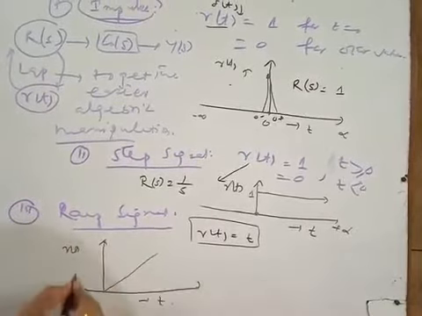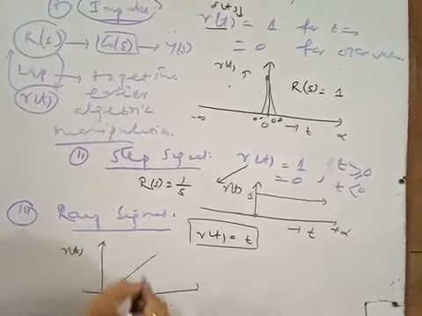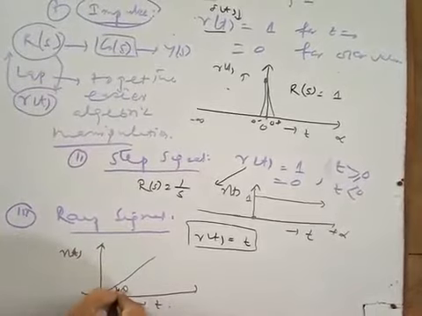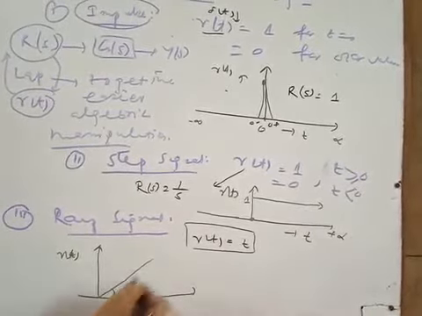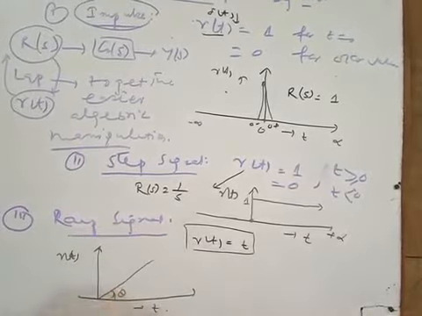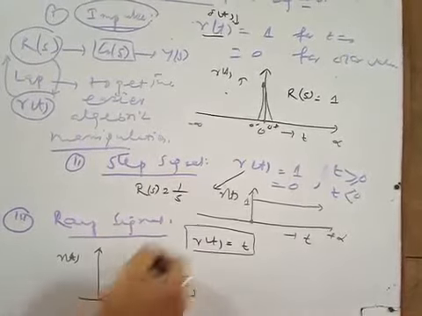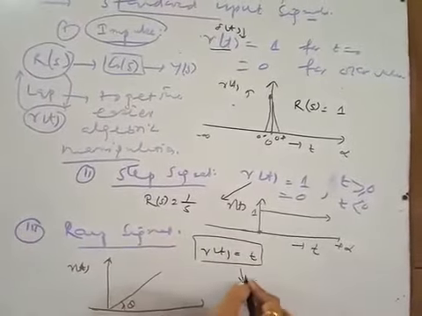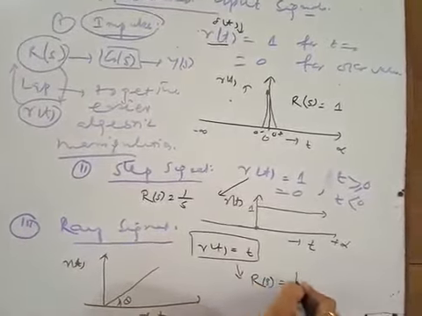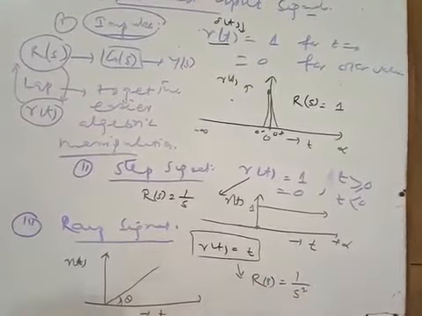That means its r(t) magnitude changes with time like this. So there is a slope, right? So that is why this is known as ramp. As you see, this is a kind of ramp, and you go on, that means you can move over this like this. So that is a kind of ramp signal. So r(t) is equal to t, and if you get the Laplace of it, you get 1 by s square.